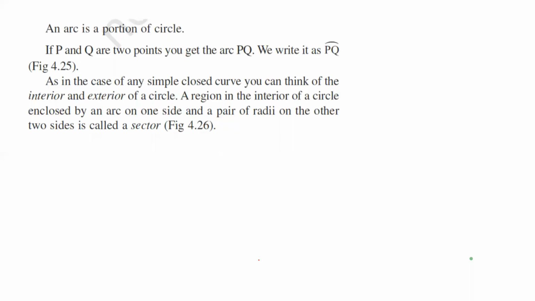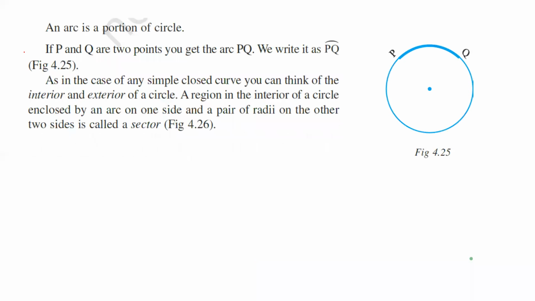Okay, the next: an arc. What is an arc? An arc is a portion of a circle. If someone asks you what an arc is, you should be able to say it is a portion of a circle. Sometimes you may know the concept but face difficulty saying what it is, so you should learn it. Here PQ is an arc. If P and Q are two points, you get the arc PQ. We write this as arc PQ, and there must be a bend here.